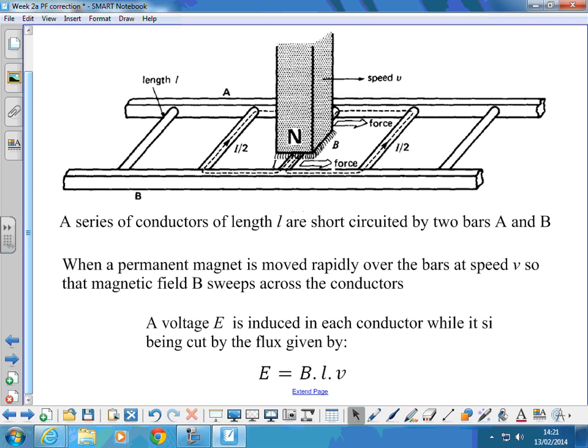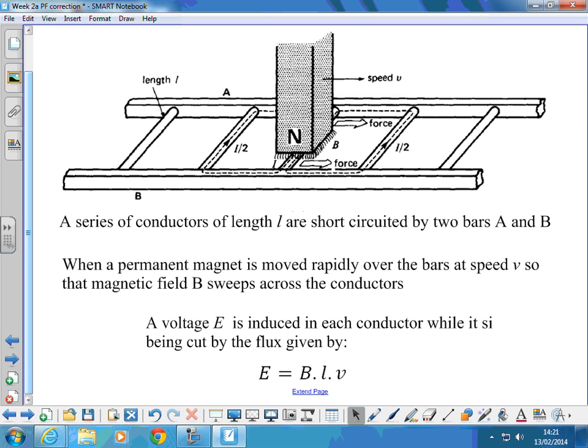L is the length of conductor that is experiencing that change in field, and V is the velocity at which it is changing. So the faster we move this magnet, the more voltage we get. The longer we make the conductors in the field, the more voltage we get, and the stronger we make the field, the more voltage we will get.